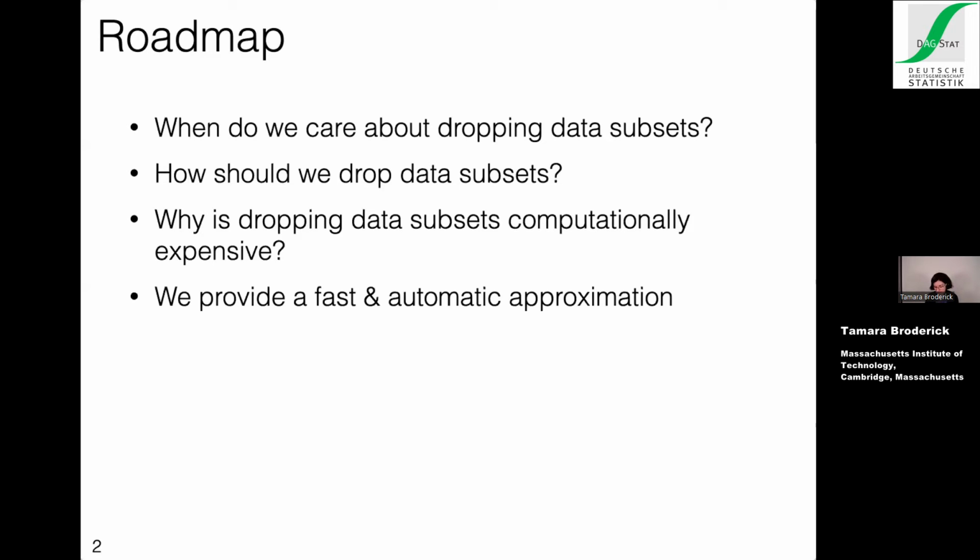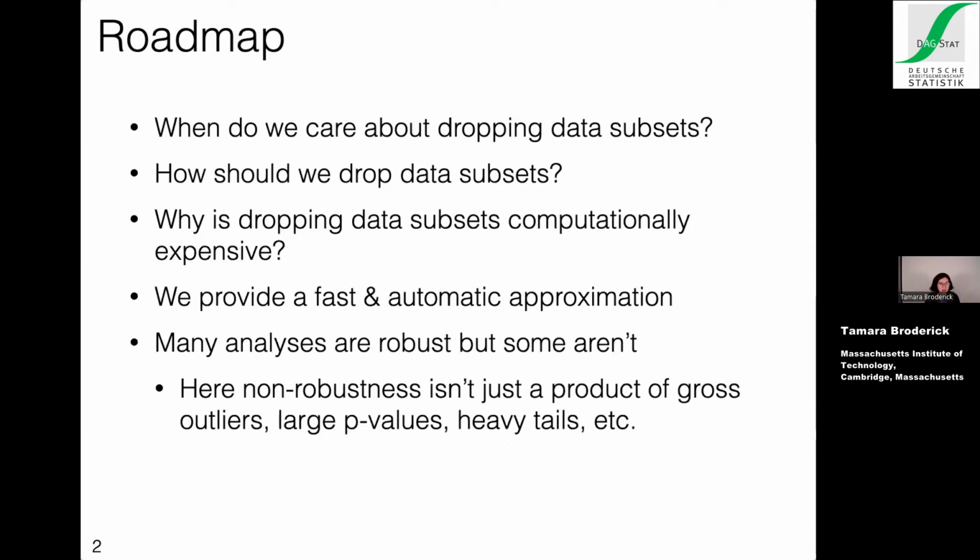So again, as I said, we're going to provide a fast and automatic approximation that can be checked at minimal cost. We're going to see that many actual real life data analyses are robust, but some are not, and this will flag it. And we're going to see that non-robustness in the way that I'm describing it today is not detectable in the usual ways. It's not just a product of gross outliers.